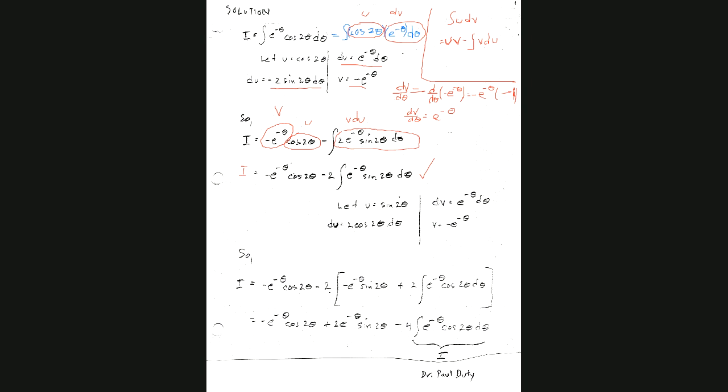Okay, are there any other good questions? Okay, well, did this work? Let's look at the integral that resulted. By letting u equal cosine of 2 theta and dv equal to e to the negative theta d theta, I break down the integral and I'm left with finding this integral here.